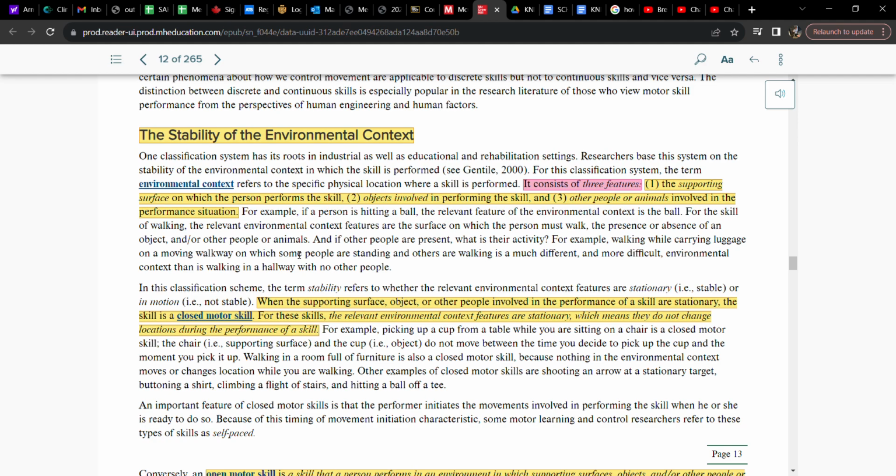If I sit in this chair and drink from this cup at this table, that doesn't really change regardless of what chair or table you're sitting at. That was a very closed motor skill, not a lot of environmental context changing. So just remember that when you are going through this content.